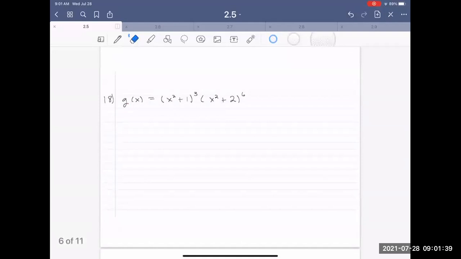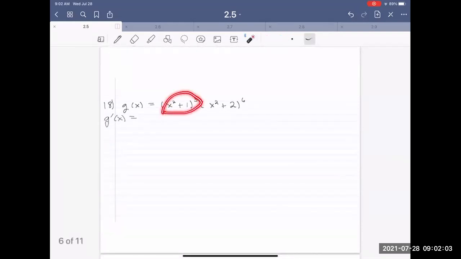Let me do problem number 18. So now I'm going to combine several rules. To take the derivative of this, I have to use the product rule, Leibniz rule. So I'll take the derivative of the first times the second plus the first times the derivative of the second.